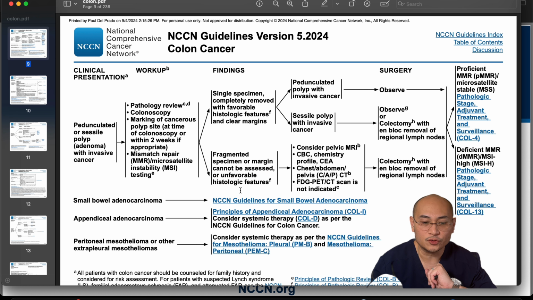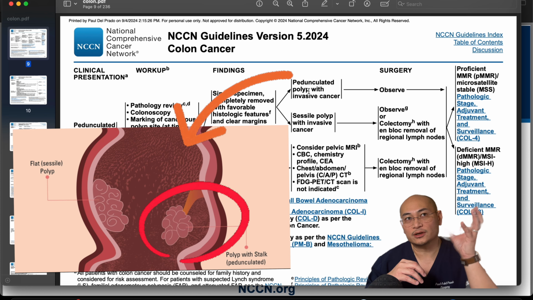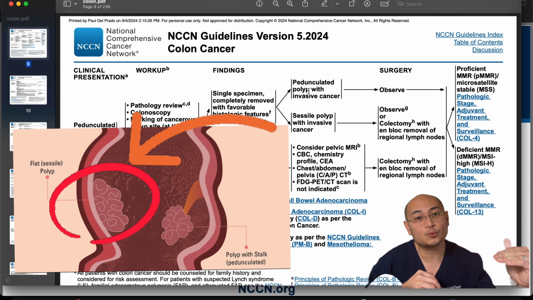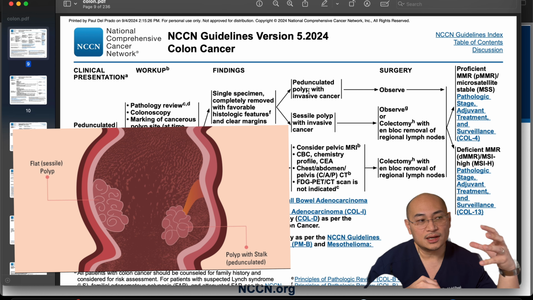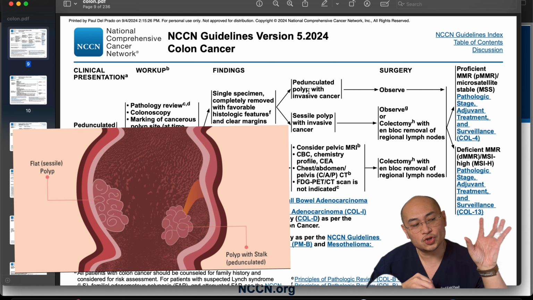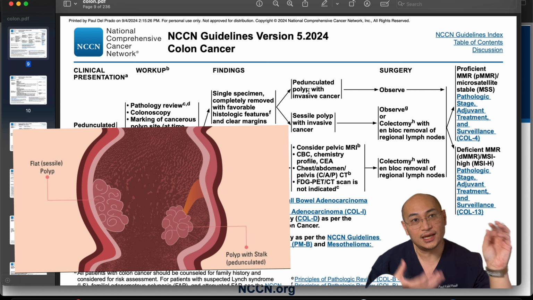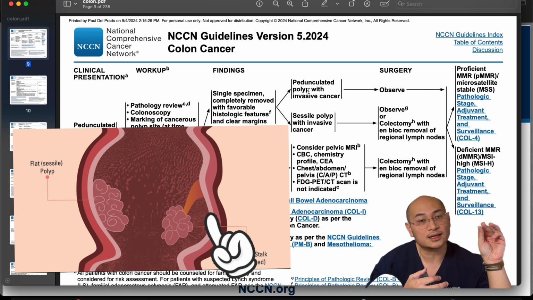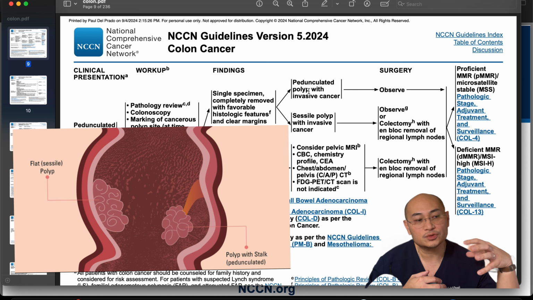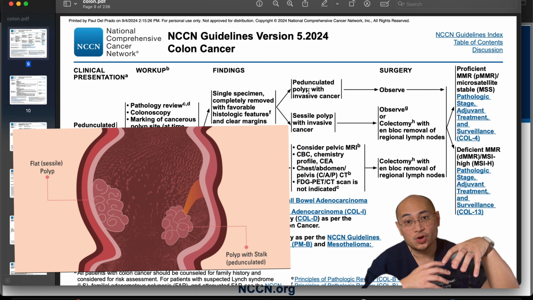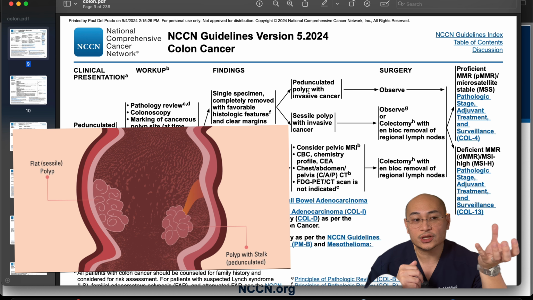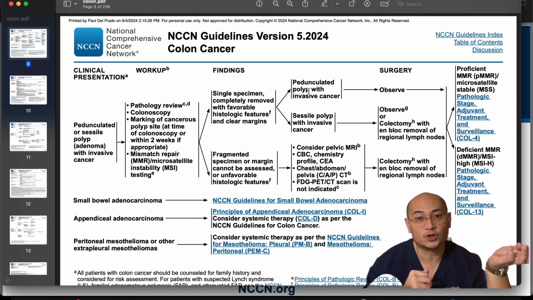And from that algorithm, something that's completely excised could be either a pedunculated polyp, a polyp with a stalk, versus a flat polyp, which is a sessile polyp. The difference being that you're more able to get an easier margin if the stalk is negative for malignancy, compared to something that is flat on the wall, wherein you may need more extensive resection to ensure that you do have a negative margin.